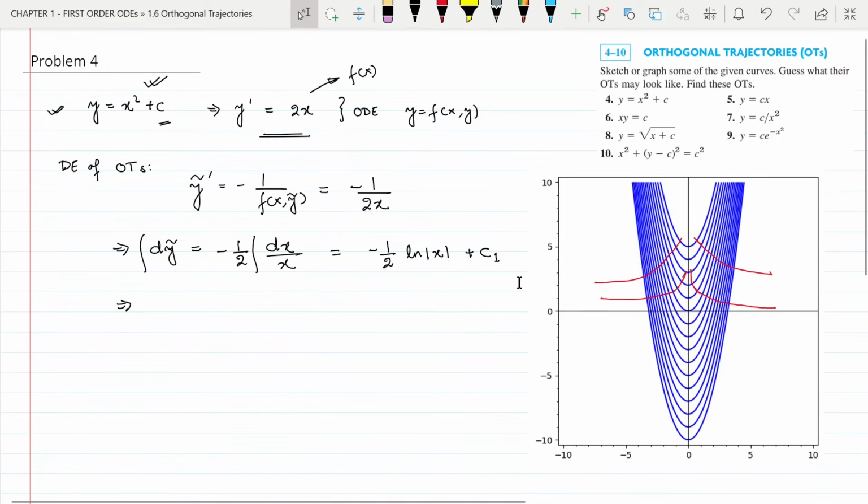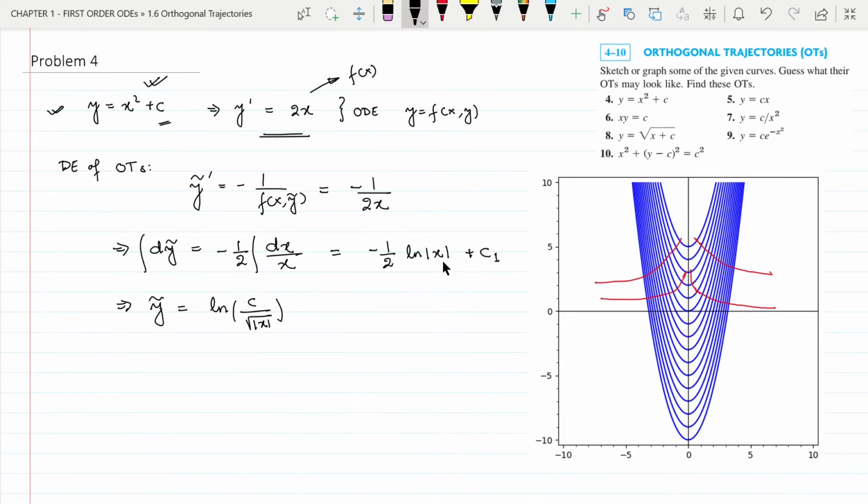We are writing the absolute value of x here because the inside term of a natural log cannot be negative. So y tilde equals natural log of c divided by square root of x, and this is the family of the OTs, orthogonal trajectories. Remember one thing, this c and this c are different.